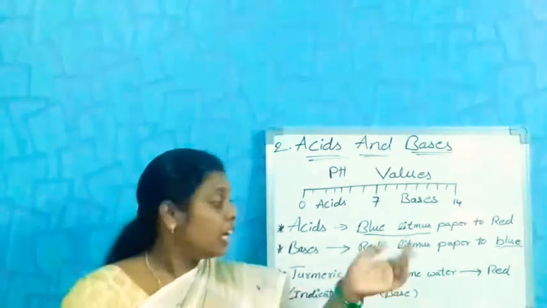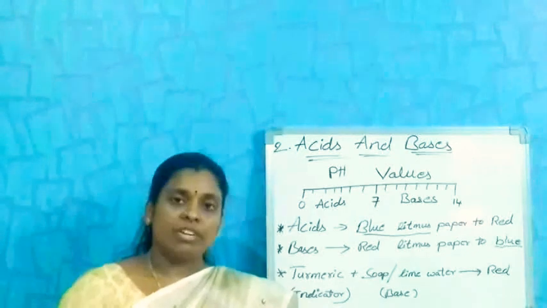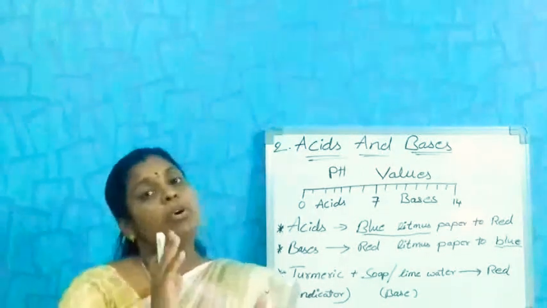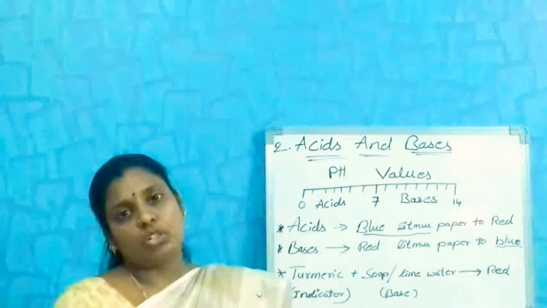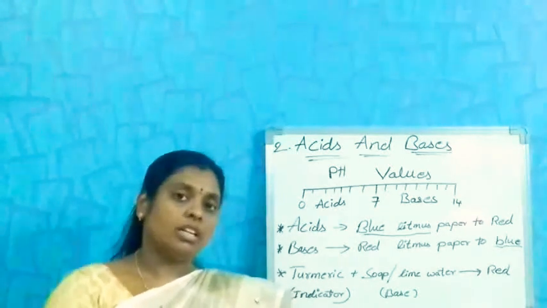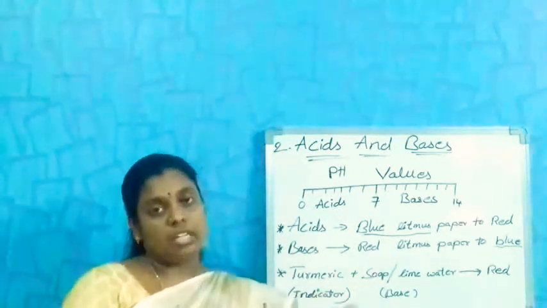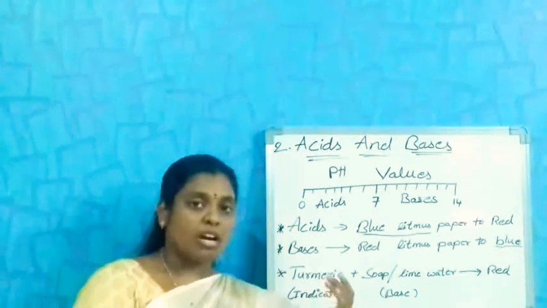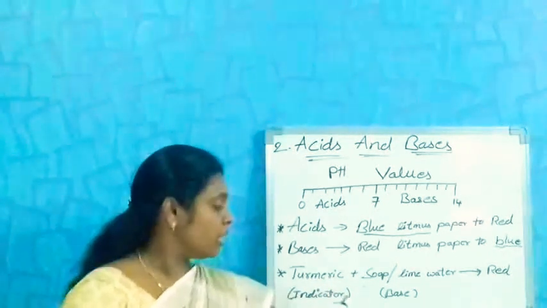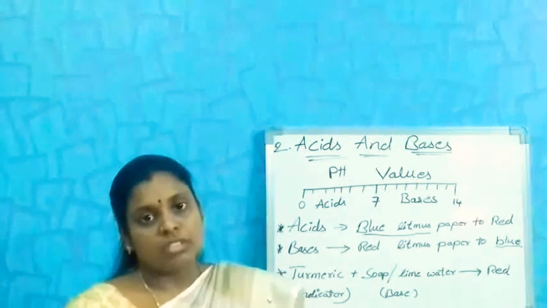You can see the red color. Otherwise, take a white kerchief, apply some turmeric powder to it and dip it in the soap water. Then you may see the same. By these we can say that turmeric is an indicator.